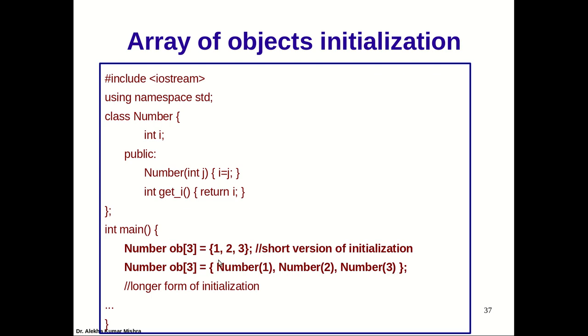Writing this is a longer format. So C++ provides a shorter version: instead of writing Number repeatedly, you can write only the value that will be passed. And let me tell you, this only works when there is a parameterized constructor that takes only one value for the particular class. Otherwise, it doesn't work.